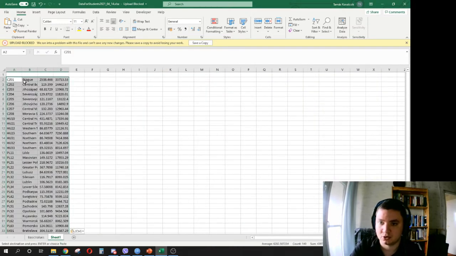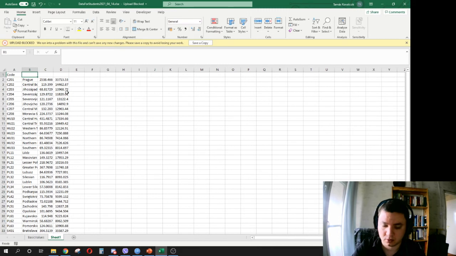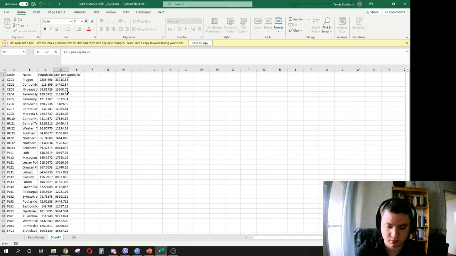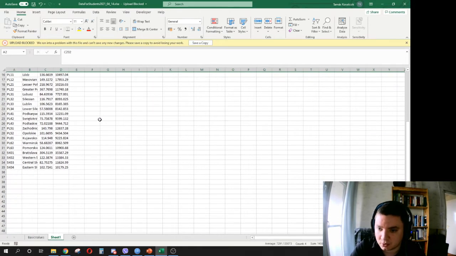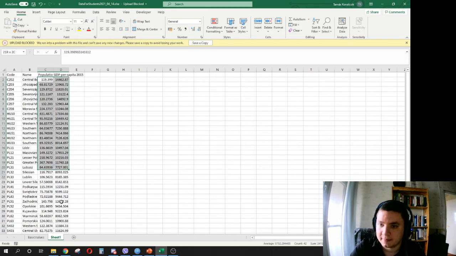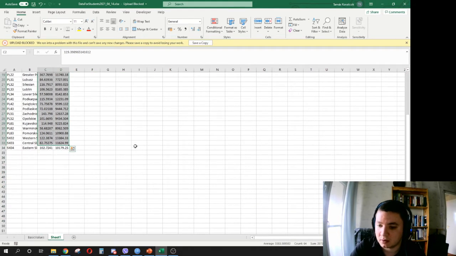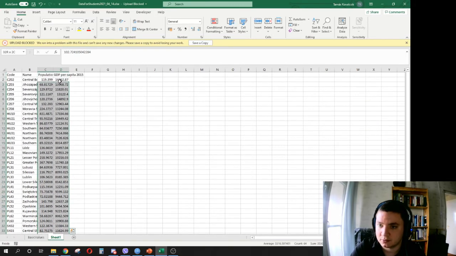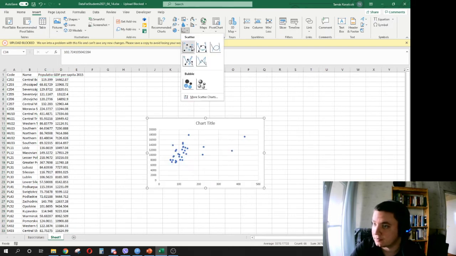Open a new sheet. Code name population density. Yeah, and GDP per capita. Okay, and let's delete these two units and make a graph for the filtered variables.